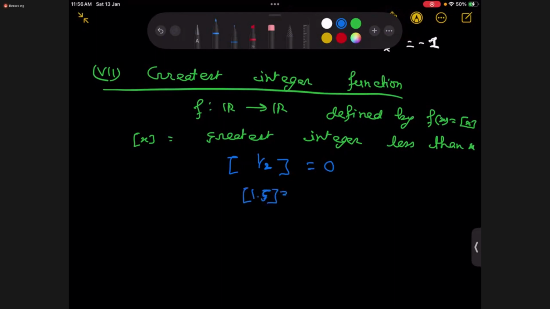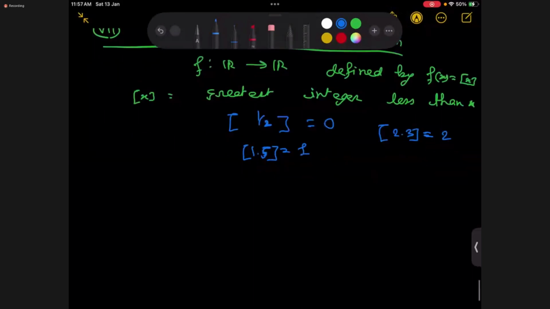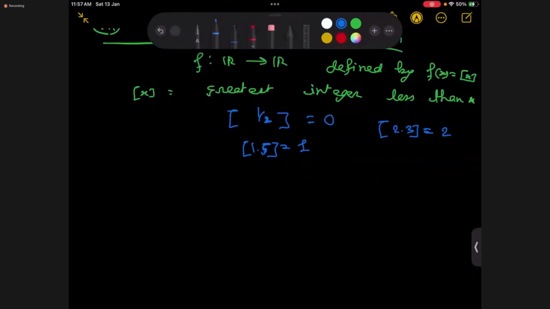That will be 1. What about 2.3? That is 2. We first of all see all the integers which are less than 2.3 or the given number. Then we see the maximum. That's all. So in this case, what will be the graph of the function?